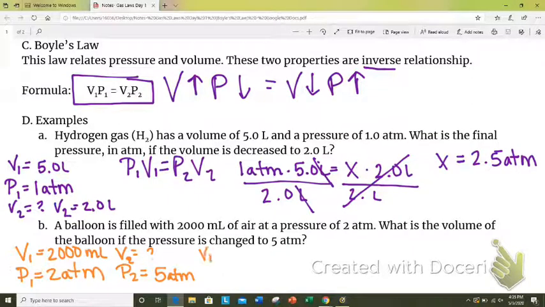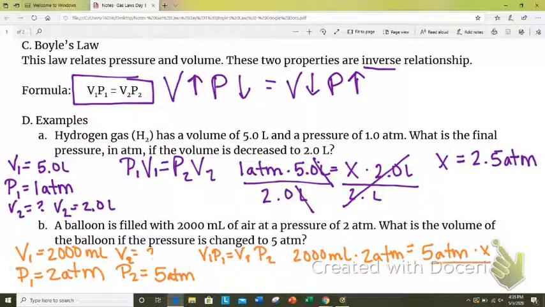So I'm still working with Boyle's law. I can go ahead and substitute in my information. Again, much like the previous example, we are going to need to divide in order to get X on its own.